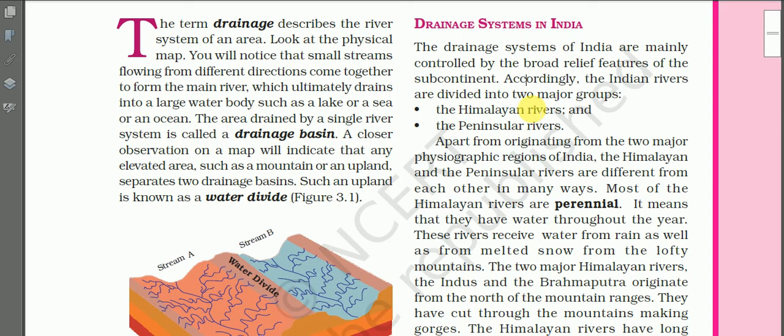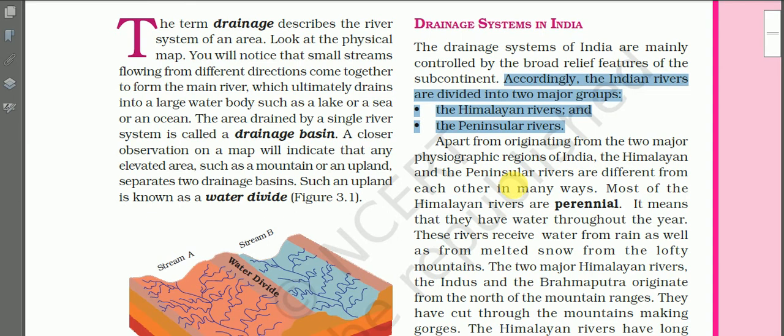We have mountains, we have plateaus, we have valleys, we have coastal areas, and accordingly we have different types of drainage systems, and a classification can be made on different bases also.